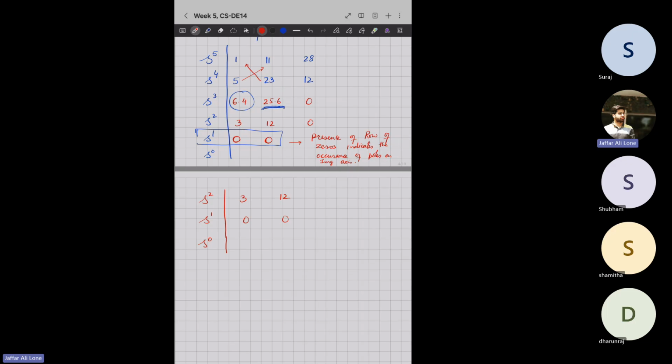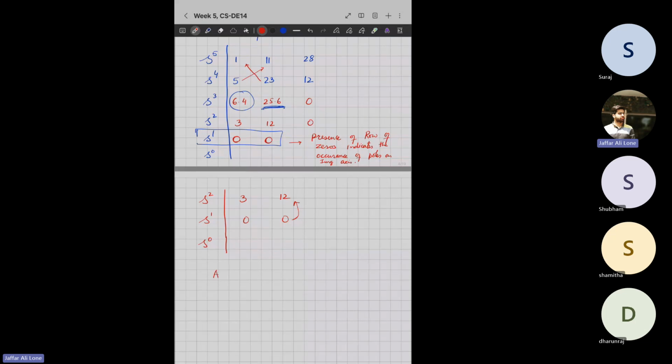The auxiliary equation is given by a row which is built using the elements of the row just preceding the row of zeros. Just preceding this row of zeros, we have s square, so we will use s square to find the auxiliary equation.